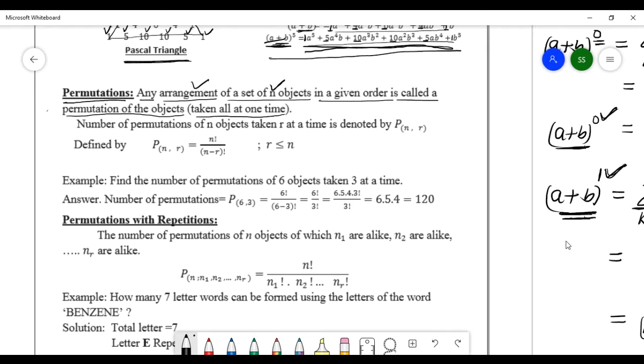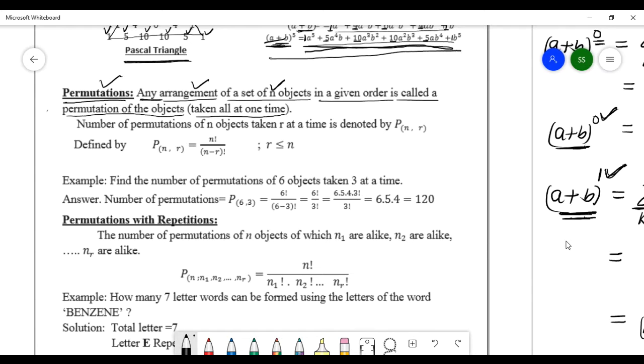Suppose there are 10 students in the class and they have to sit. How many ways can they sit? How many arrangements are there for these students? So that is called permutations.